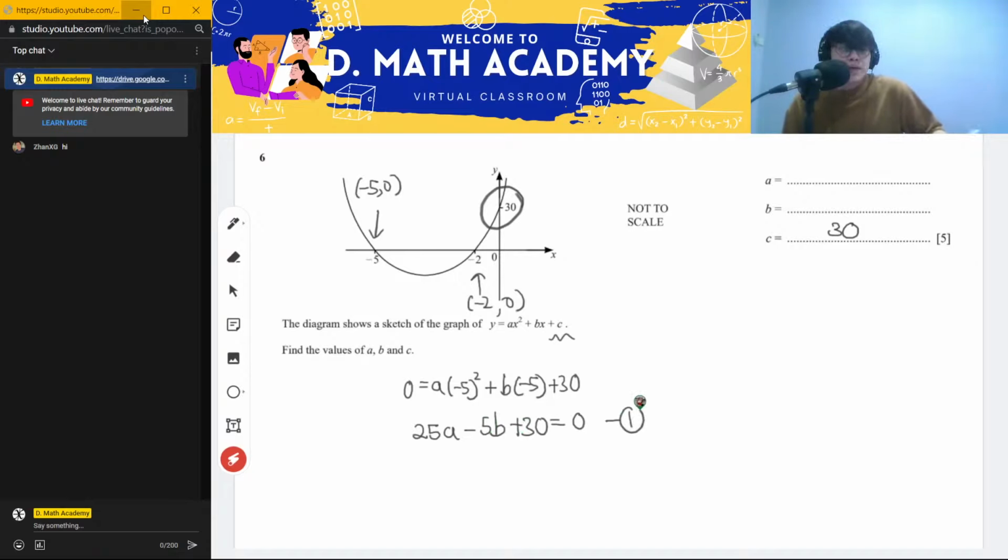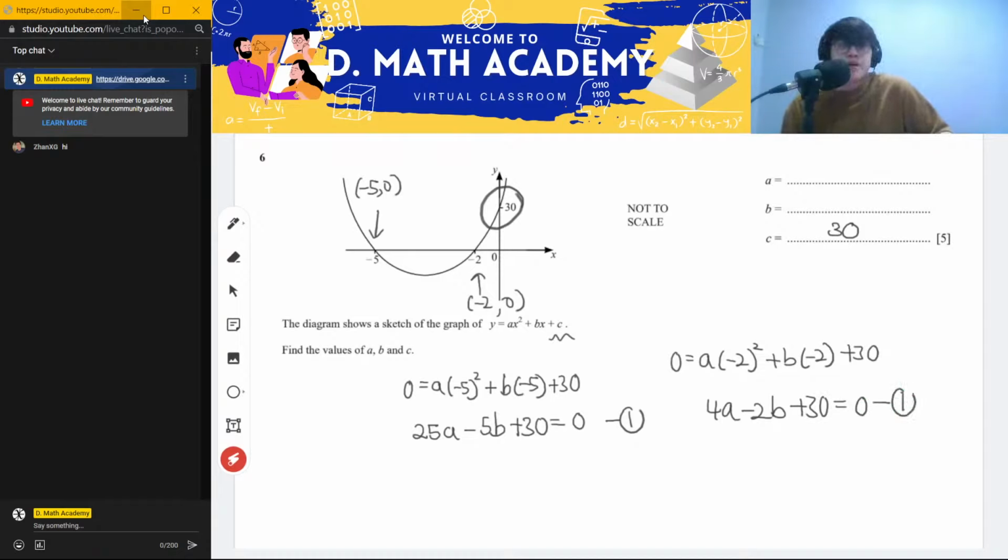When you run the same thing, but this time substitute negative 2 and 0 into it, you will have 0 equals a times negative 2 squared, plus b times negative 2, plus 30. Complete your calculation, and you should end up with 4a minus 2b plus 30 equals to 0.